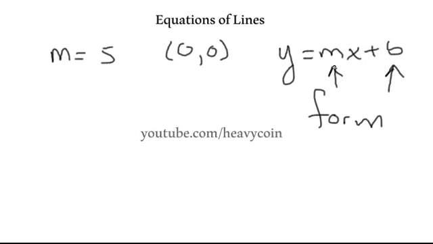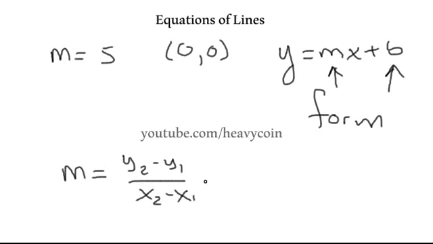There's another form called the point-slope form. Remember, m is equal to y2 minus y1 over x2 minus x1. This is how we define the slope.